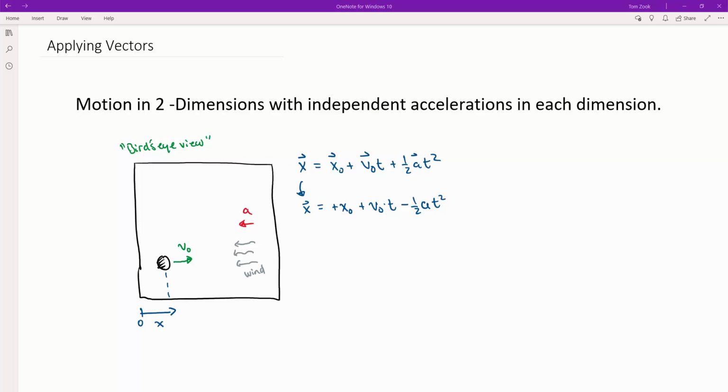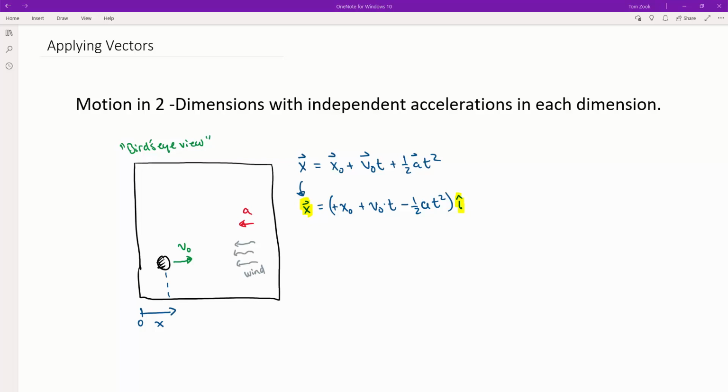And all of that we could put in parentheses and put a little i hat, because the function x equals has to be a vector, because the x has the little hat over the top of it. And it's only going in the x direction, so we use the little i hat as the unit vector.